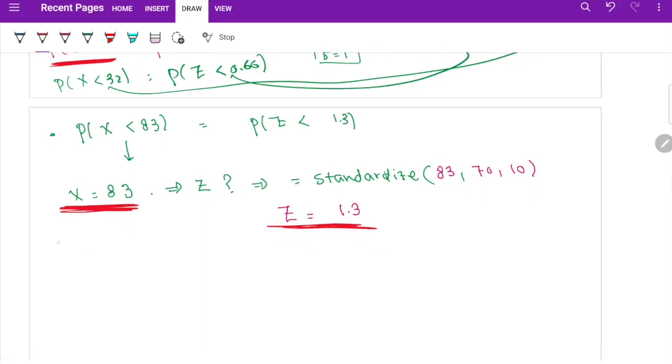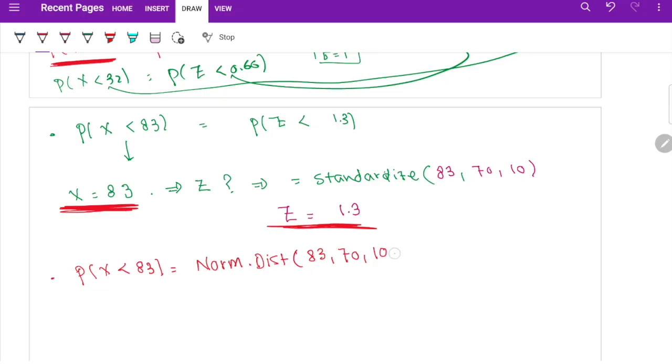Now, how to find the probability of P of x less than 83? We are going to use a function in Excel called norm.dist. Open parentheses. We're going to do the same thing: x value, it is 83, comma, the mean, which is 70, comma, the standard deviation.